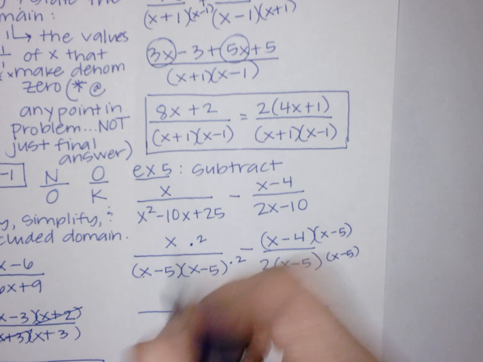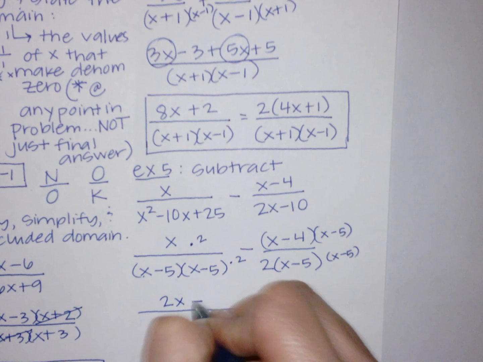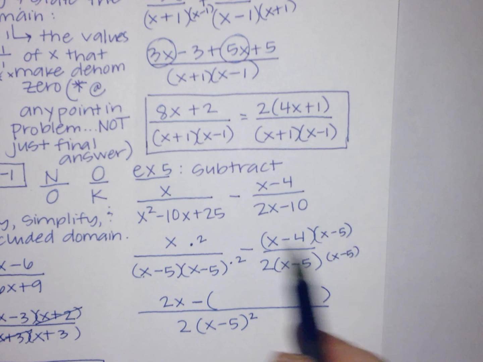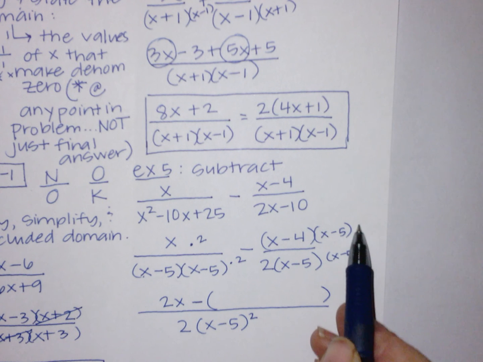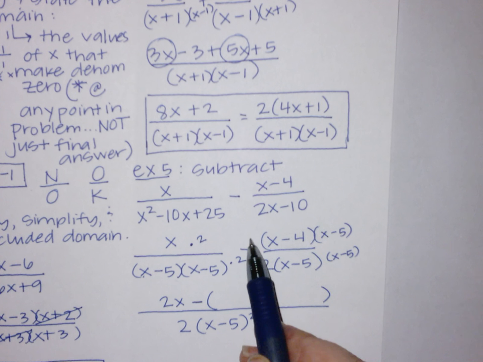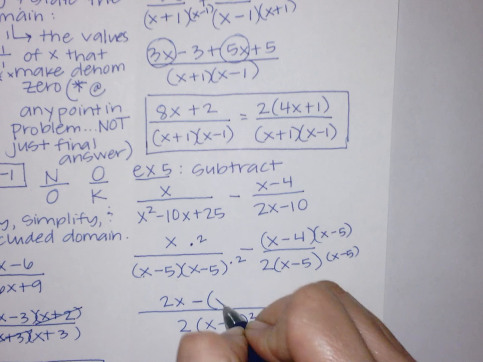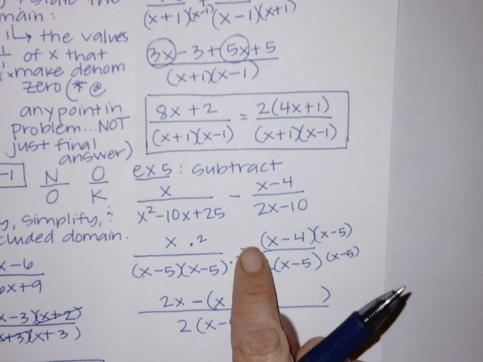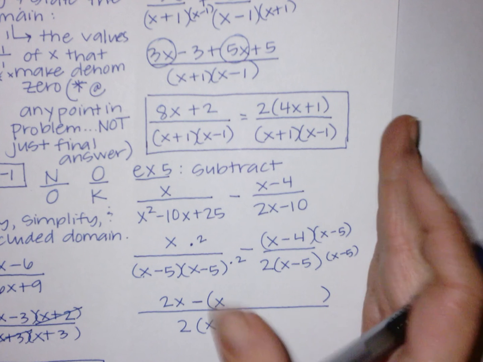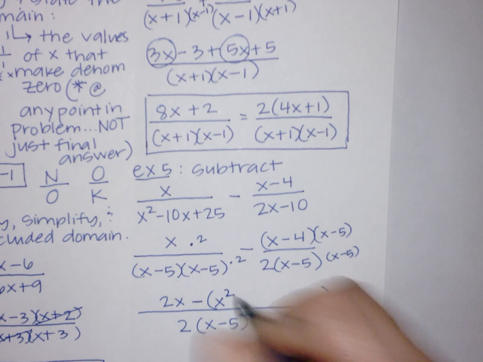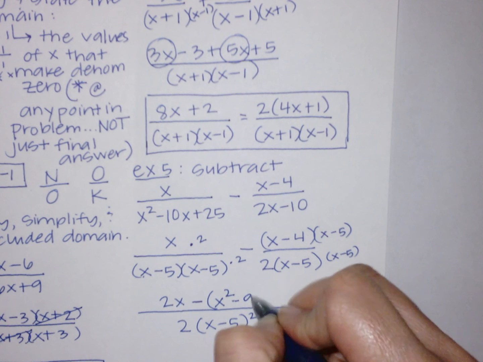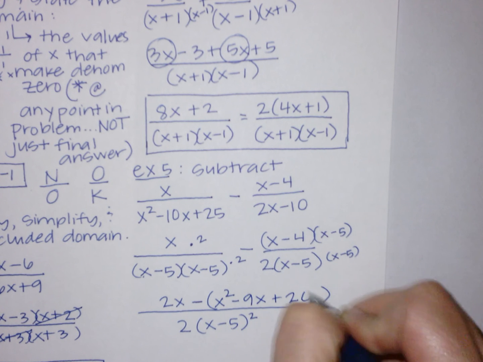This numerator is 2x minus, and this is where we're going to get tricky. So we're going to do this multiplication first because order of operations says multiplication before subtraction. So notice I'm putting it in parentheses because this fraction tells me subtract everything over here. So I get x squared, and then I have minus 9x plus 20.